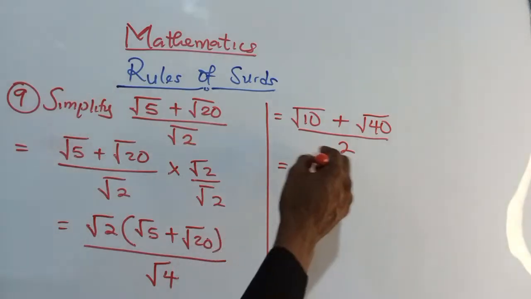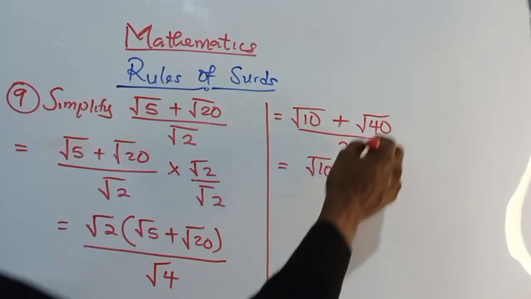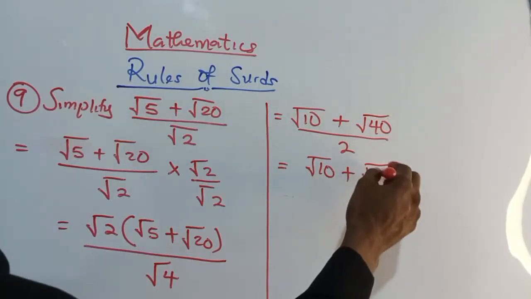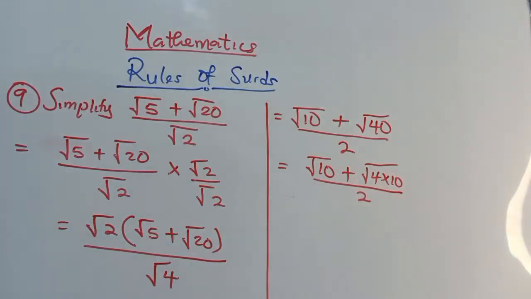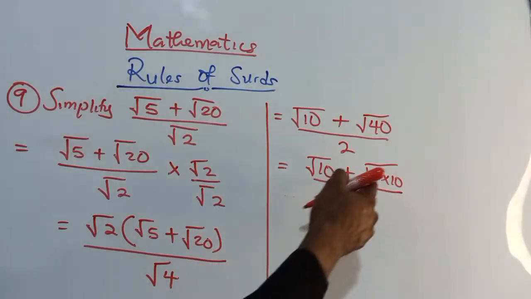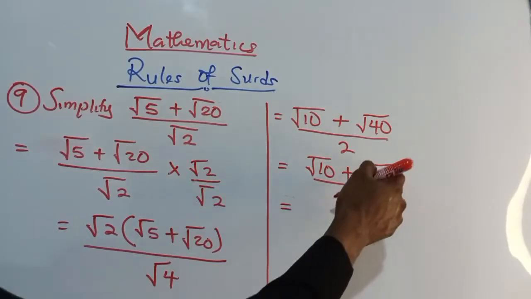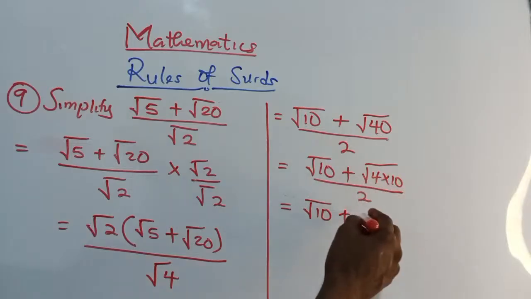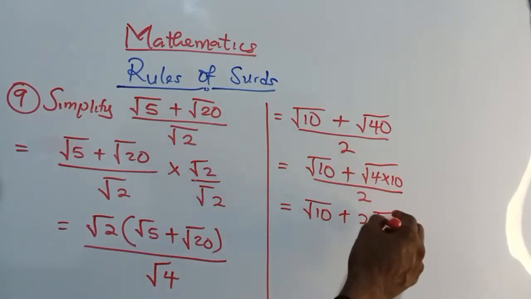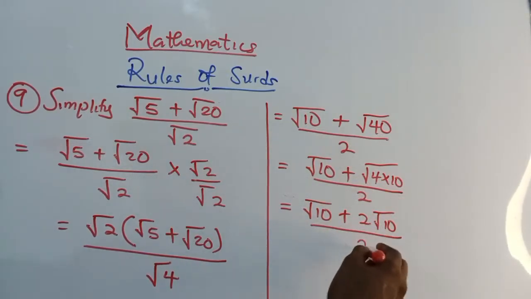So we have root 10 plus this will give us 4 times 10, which is 40 over 2. What is square root of 4? Square root of 4 is 2. So we have root 10 plus square root of 4 is 2. We write it out. What do we have there? Root 10 over 2.